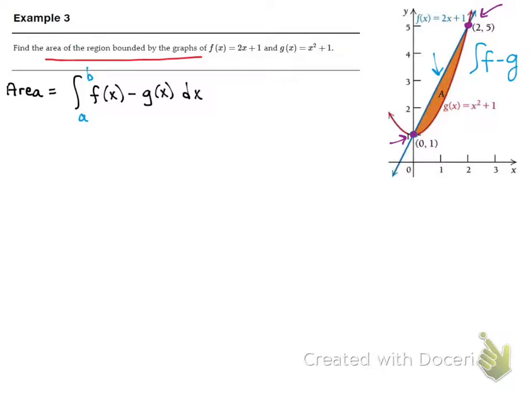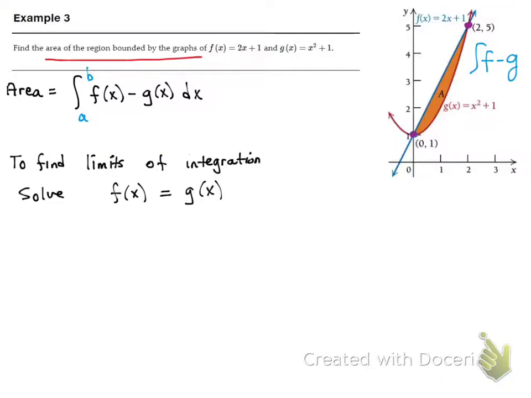To find what those x values are, we just set the functions f and g equal to each other and solve that equation, because those points are exactly where the two functions intersect, or where the two functions are equal to each other. So this is a quadratic equation, so we need to get everything to one side and 0 to the other side, and then maybe we can try to factor.